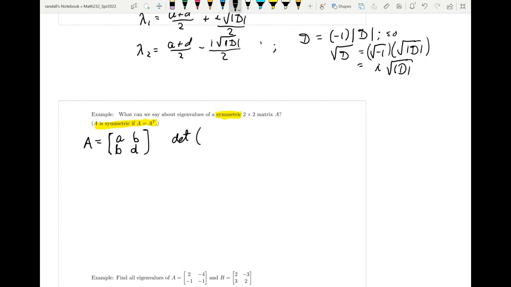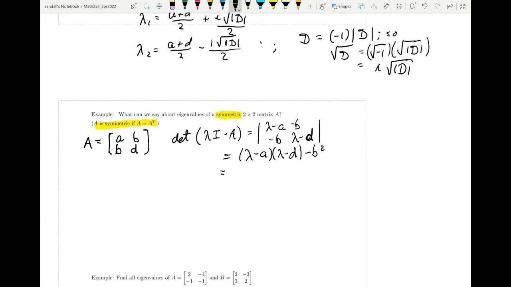So in this case, when we compute the characteristic polynomial, let's see what happens. I get lambda minus a, lambda minus d, minus b squared.